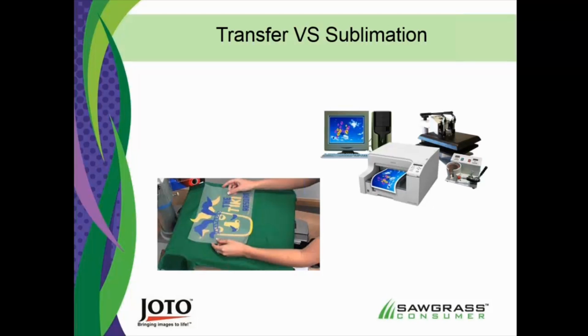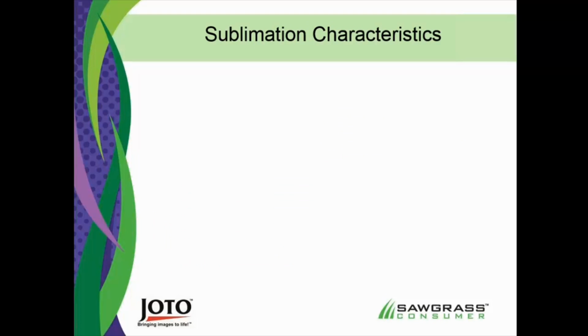Even though they may look the same, chemically they can be quite different. And sublimation has some very unique characteristics. So even if you're doing something like digital heat transfers, where maybe you're using an ink to be able to apply directly to cotton apparel, for example, it looks the same in process as sublimation, but again, it's quite different.